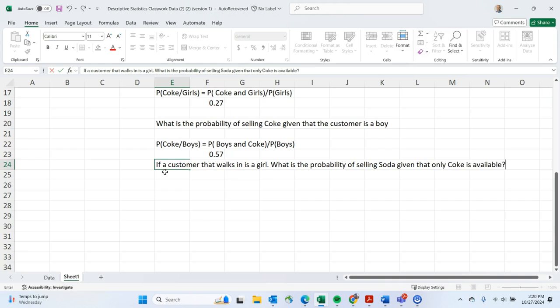So we're looking at the probability of selling soda given that only Coke is available and the customer that walks in is a girl.